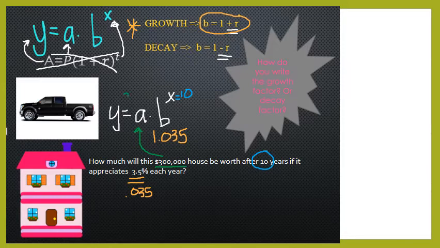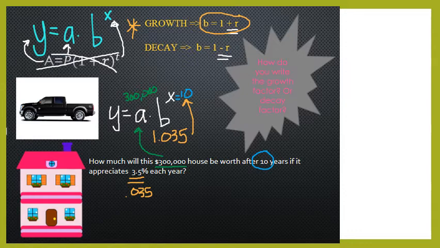Just make sure that you're doing things in the correct order of operations. Exponents come before multiplication. So it's important that we take our growth factor and raise it to the power of 10 first. Then we can multiply by our 300,000. You would just do this on the calculator.